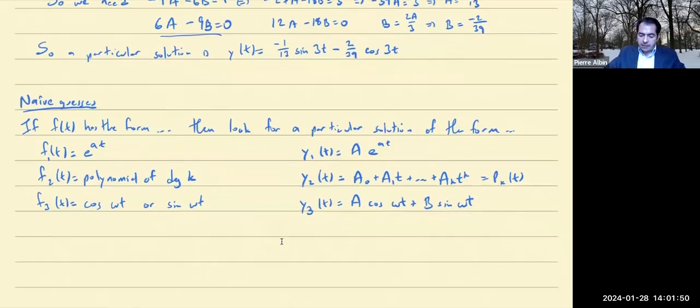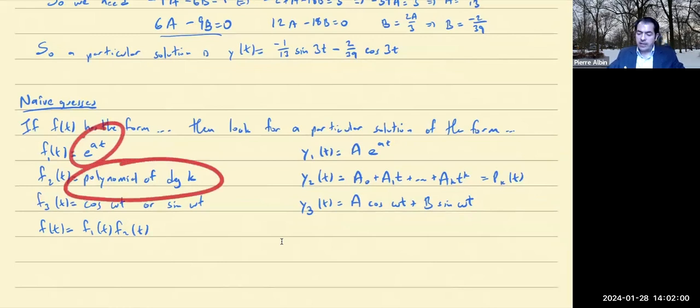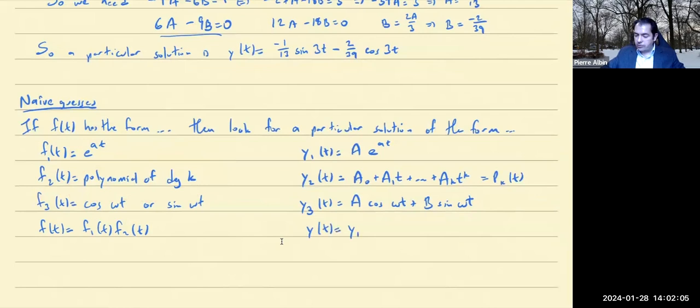Right? And what happens if you have, let's say, a product, so f1 times f2? So what if you have an exponential times a polynomial of degree k? Well, what you should try is y1 times y2. So just try an exponential times the general polynomial of degree k.